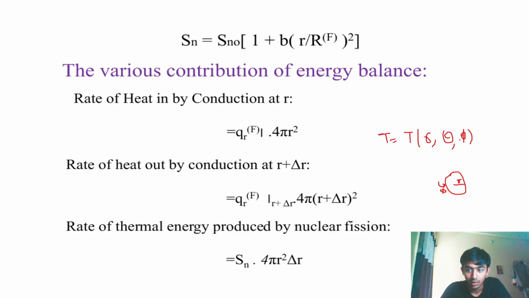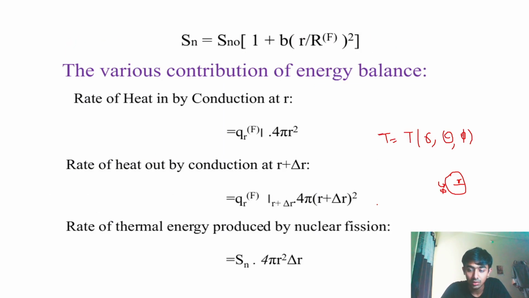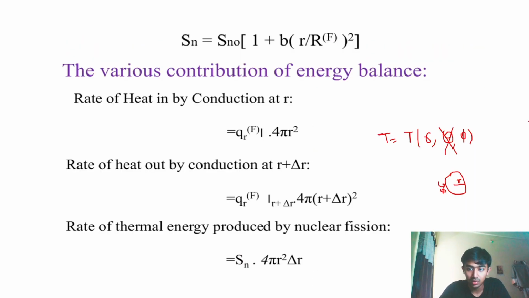Theta goes from 0 to 2 pi, and due to symmetry the temperature is not a function of theta. Similarly for phi, from 0 to pi, due to symmetry this is also cancelled. So temperature will be a function of r only.